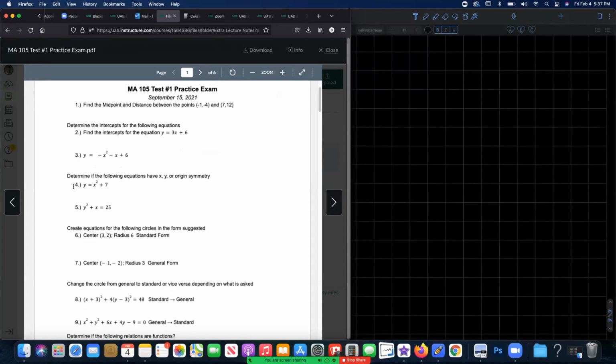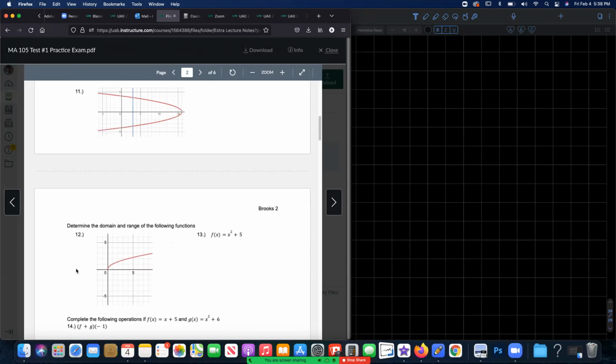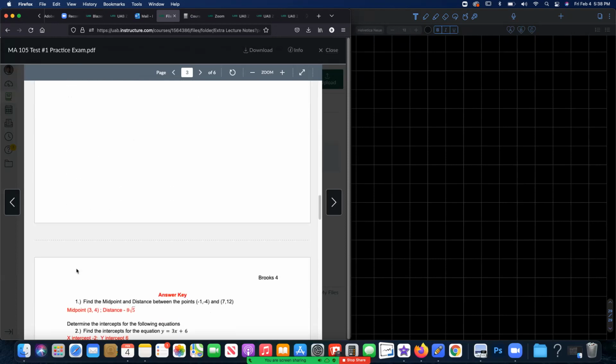This is not how the exam is going to be. Your test 1 is actually going to be a lot like the practice test through MyLab. It's going to be a MyLab test, okay? This is just for practice, so don't get caught up in terms of format. This is just the types of problems you might see.